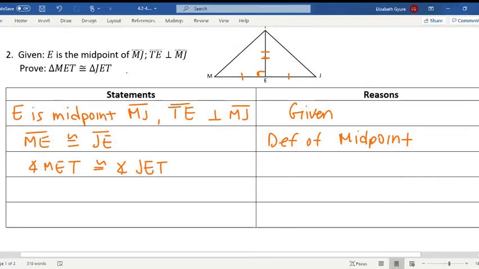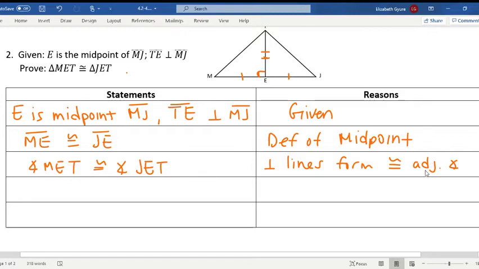So I'm going to say perpendicular lines form congruent adjacent angles. I believe that is also the perpendicular lines theorem. Now, that's not the only way you could do that.